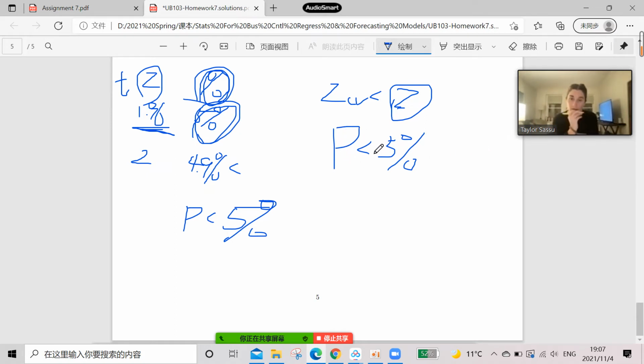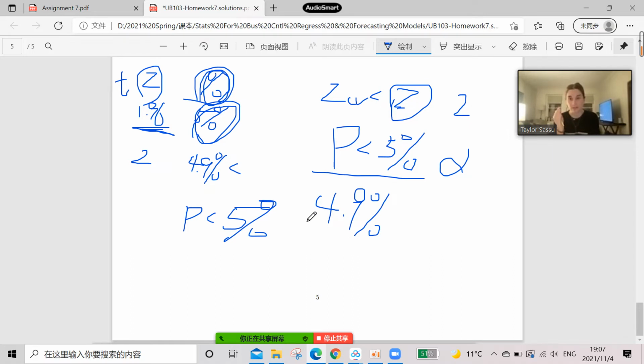P-value just stands for probability value. So as I said, if you find a z equals to 2, it's greater than 1.96, right? So you'll probably find a p which is around 4, maybe 4.9%. This is the p-value of your z-score test. As long as it's less than alpha, you reject the null hypothesis, being less than the actual 5%.